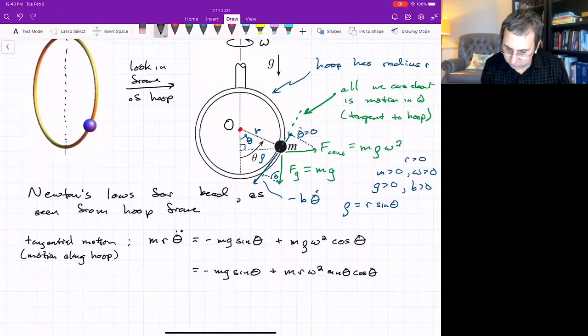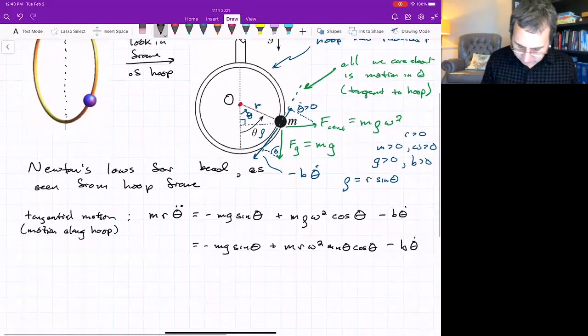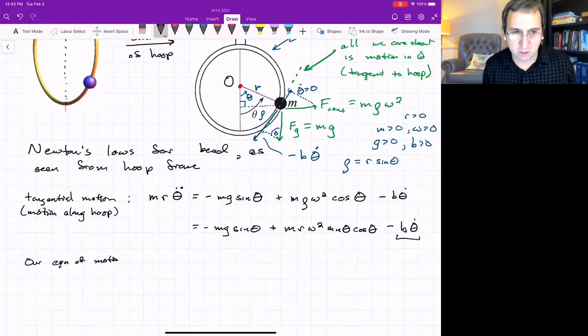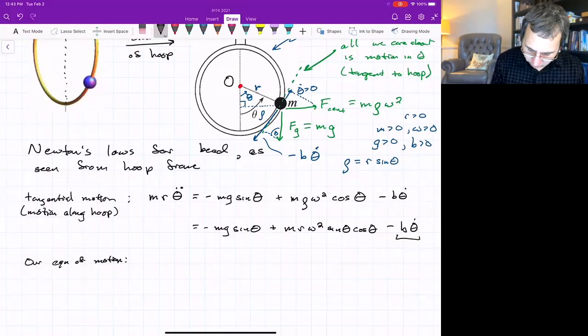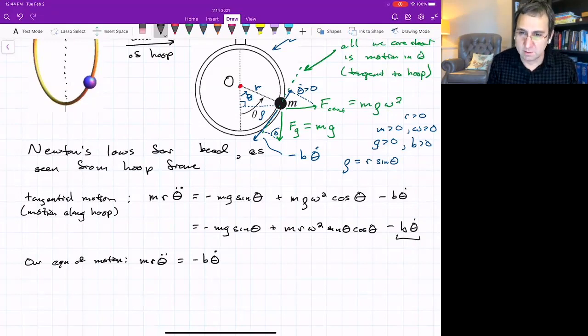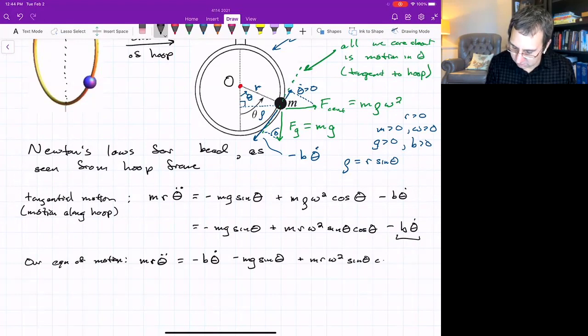Oh, and I forgot to put the drag. It's going to be minus b theta dot. Maybe I'll move these things around. There's no sine or cosine on this term because it's already tangential by assumption. So our equation of motion is this second order ODE in theta: m r theta double dot equals minus b theta dot minus mg sine theta plus m r omega squared sine theta cosine theta.